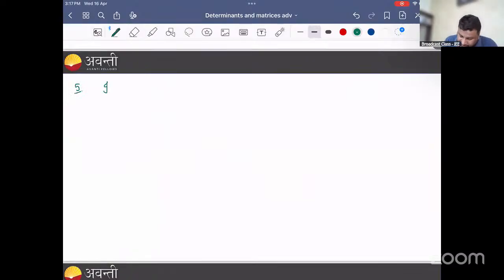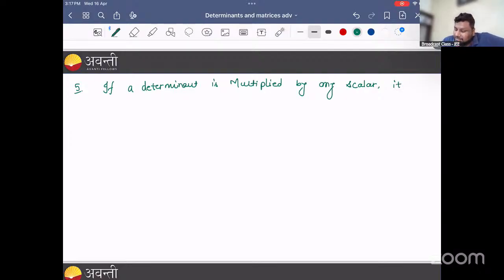If a determinant is multiplied by any scalar, it gets multiplied in any of its rows.